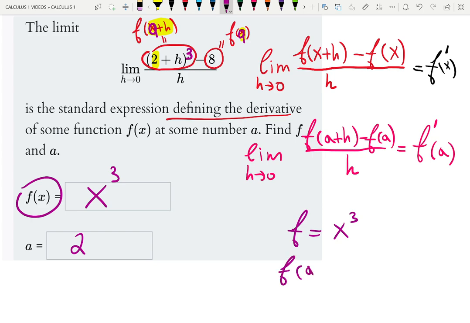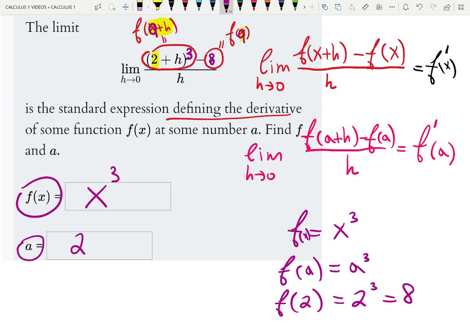Thus, f of a, so that was f of x, should be a cubed. But we already agreed that a is 2, so it should be 2 cubed. And that matches 8 that we have over here. So we are right. The function f of x is x cubed, and the input is 2.